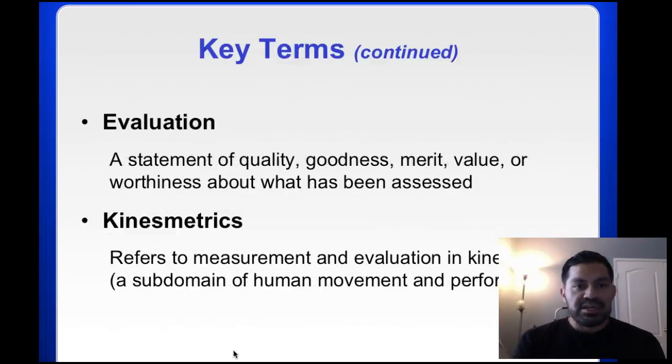The next one is evaluation, statement of quality, goodness, merit, value, or worthiness about what has been assessed. So just a more encompassing term. It's a little bit more general. So this will make a little bit more sense as we get into the next few chapters. And then kinesmetrics just refers to what you call measurement and evaluation in kinesiology.